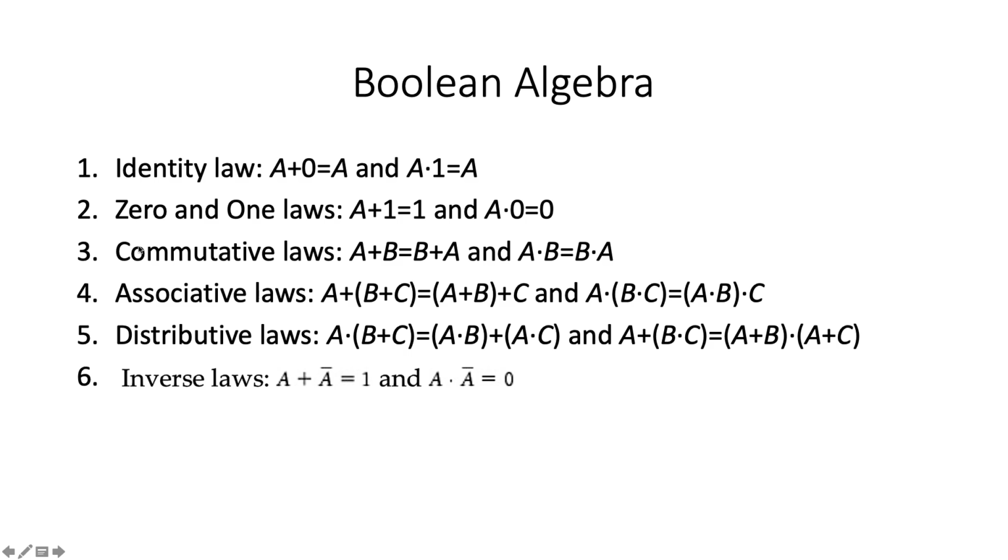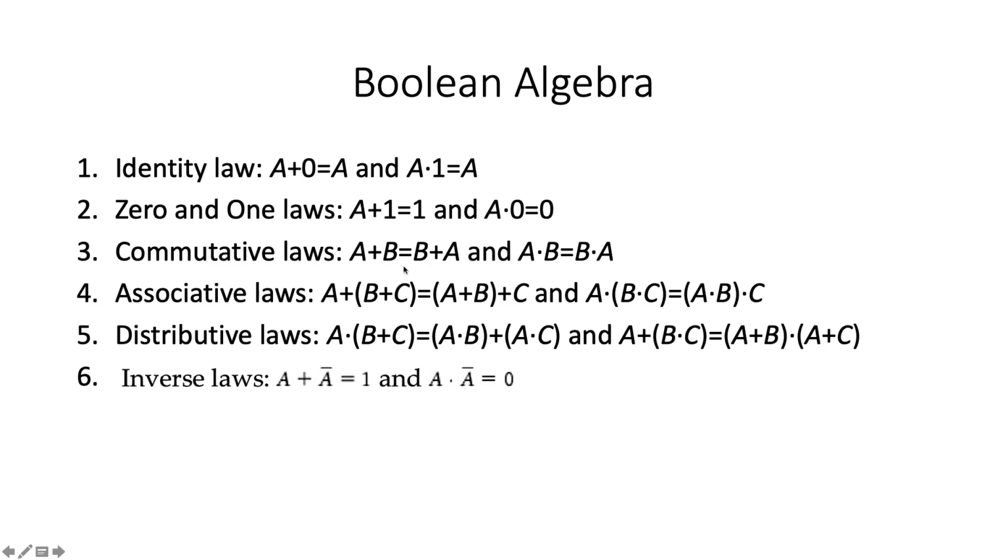The second law is the 0 and 1 laws. You add 1, you're going to receive an output of 1. You multiply by 0, you're going to receive a 0. Okay? These are just simple laws. You've already seen them perhaps in your basic algebra. Also, we have the commutative and associative laws.